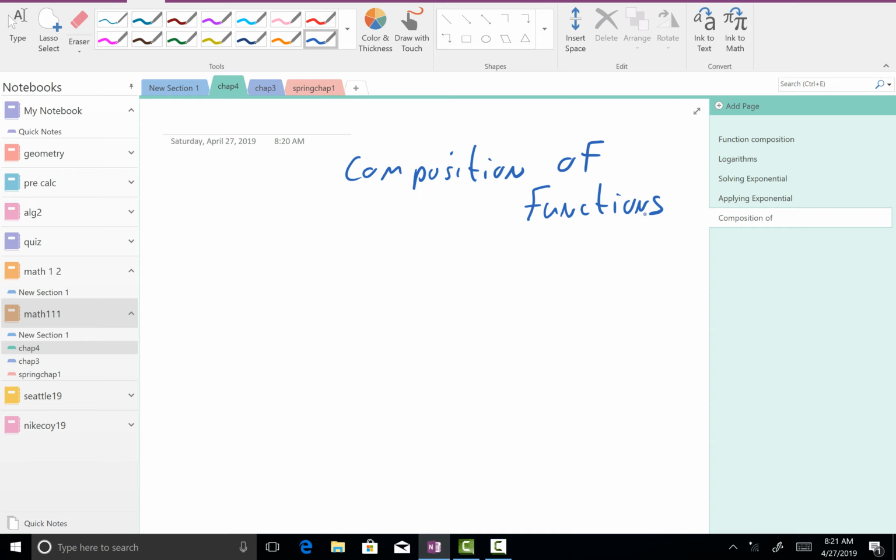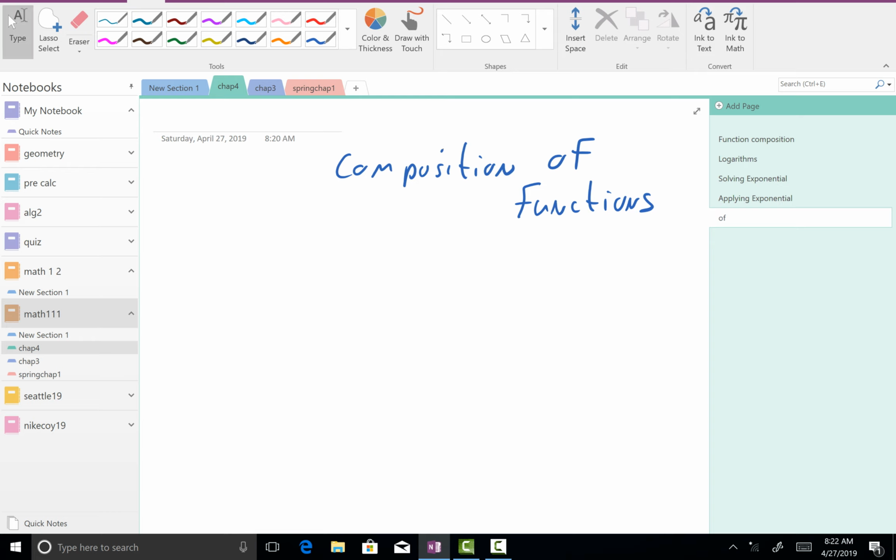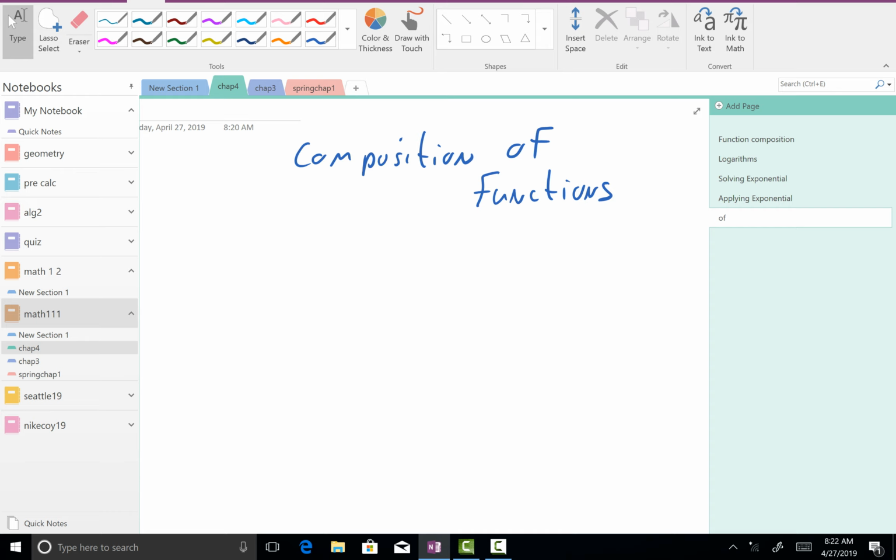All right, so we're going to talk about composition of functions here in the beginning. To start thinking about this, let's say that we have a situation where somebody sells balloons, and they're going to blow them up.